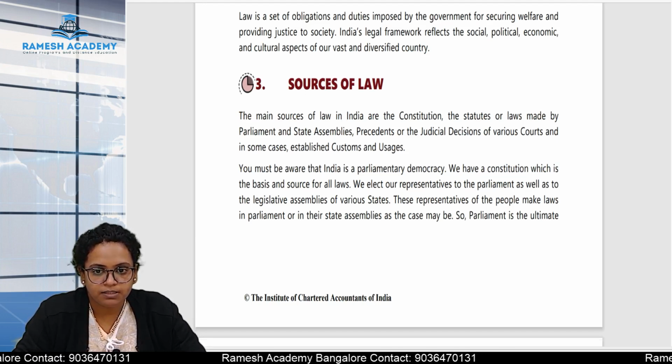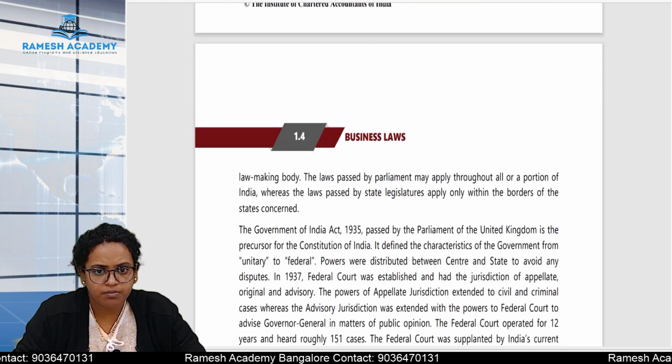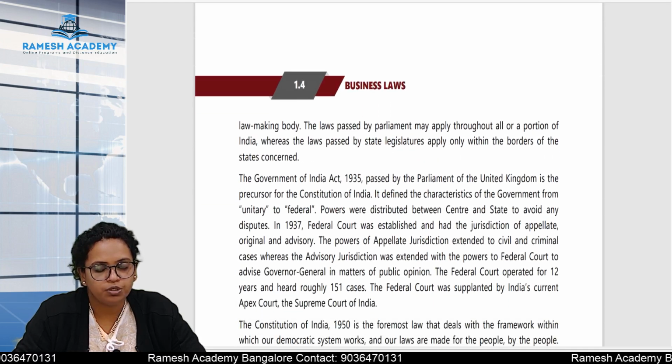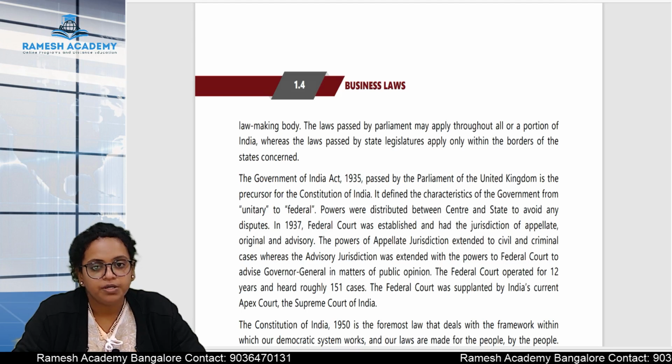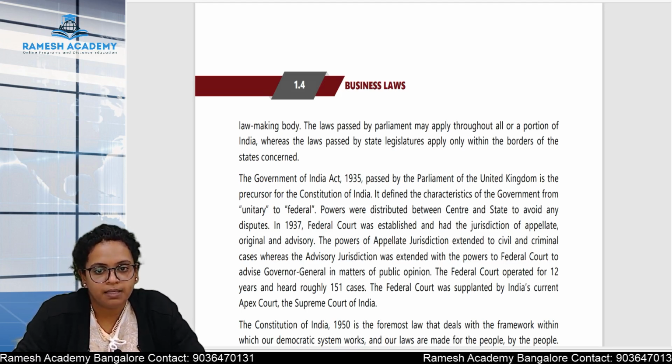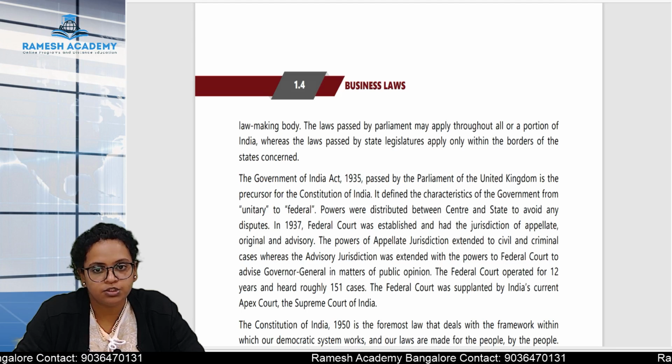Parliament is the ultimate law making body. Please mark that line. Parliament is the ultimate law making body. The law passed by the parliament may apply throughout all or a portion of India, whereas the laws passed by the state legislation apply only within the borders of the state concerned.